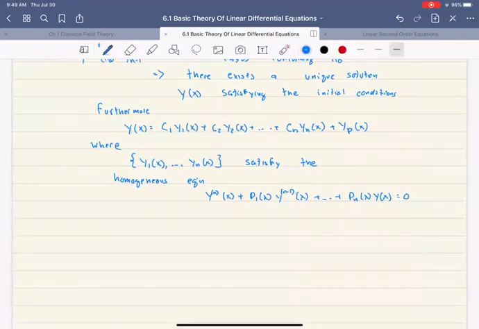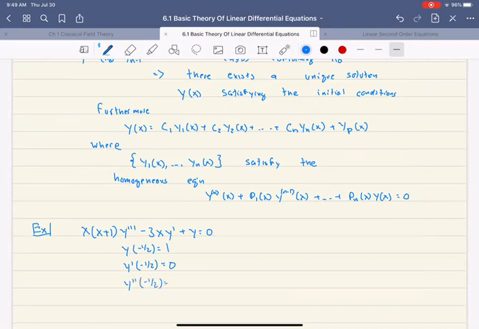So first example, let's take x times (x plus 1) y triple prime, minus 3x y prime, plus y equals 0, with initial conditions y of negative 1/2 equals 1, y prime of negative 1/2 equals 0, and y double prime of negative 1/2 equals 0.